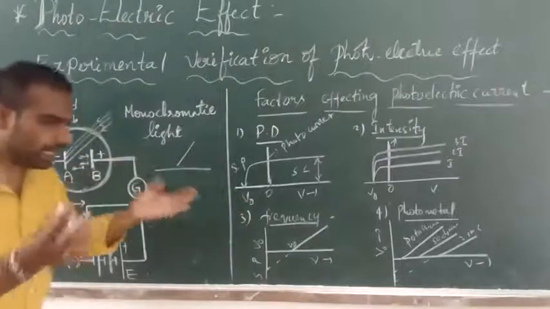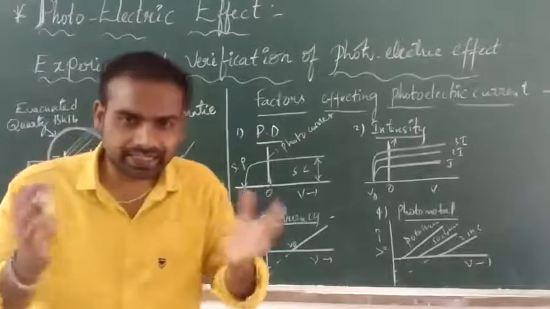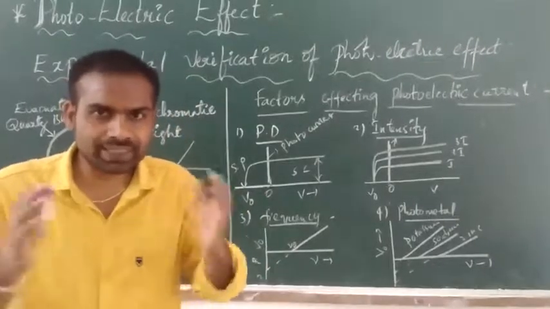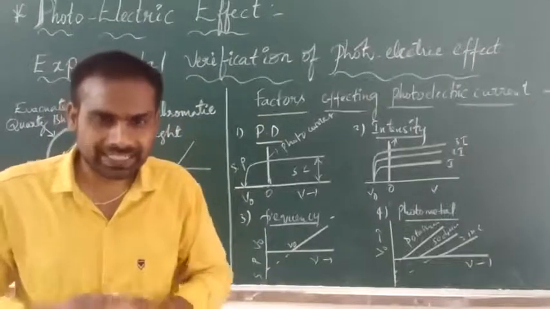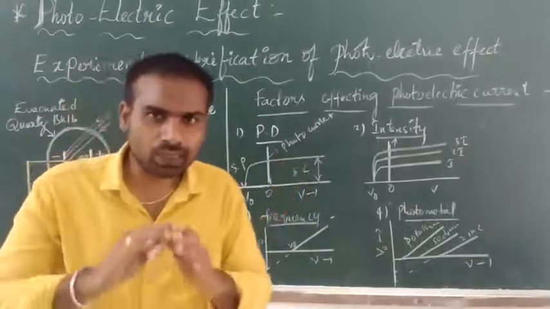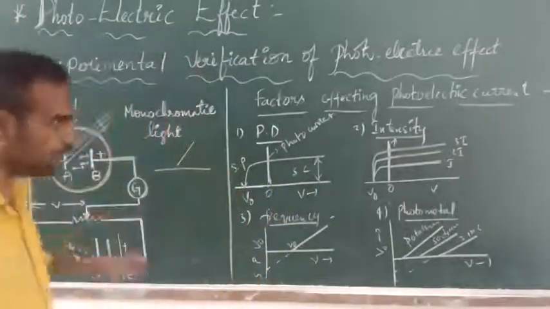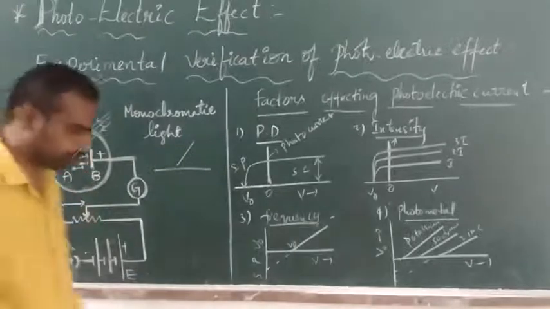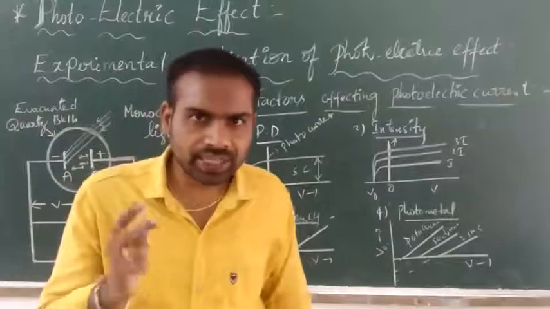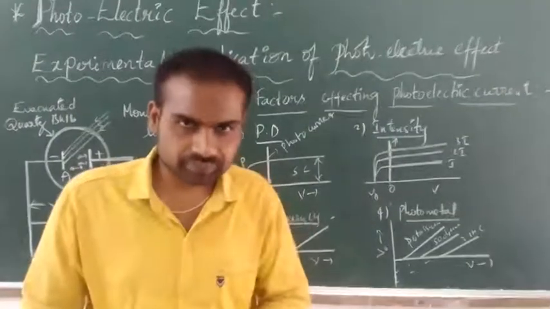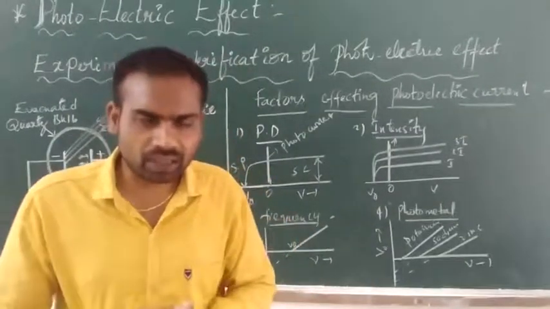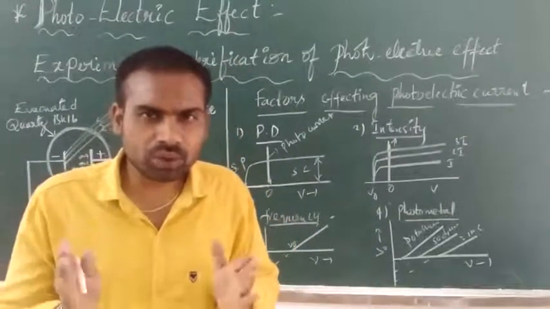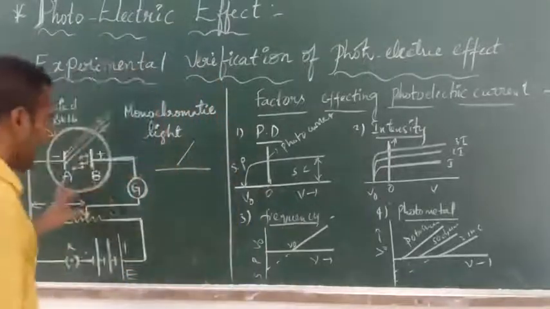It is like a closed cylinder, but here it is spherical in shape. This is called the quartz bulb. In this quartz bulb we have two photosensitive plates, A and B, which we can also call cathode and anode.